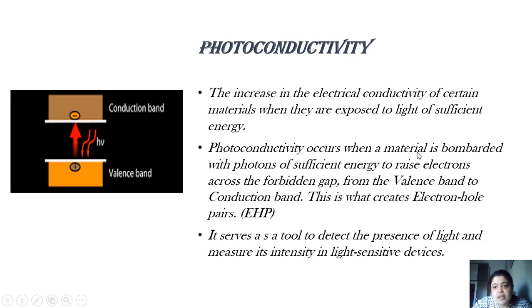Photoconductivity occurs when a material is bombarded with photons of sufficient energy to raise the electrons across the forbidden gap, that is from valence band to conduction band. Or you can say the process is known as generation of EHP, that is electron hole pairs.